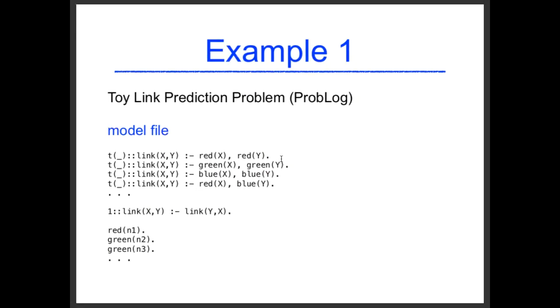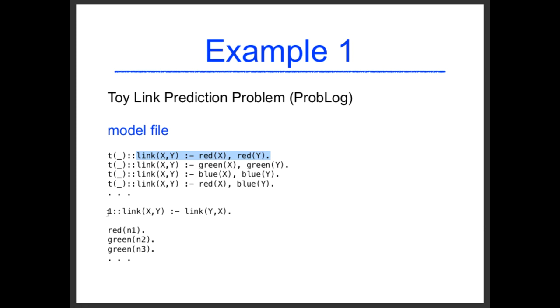And in the model file, you write again the rules, okay, which again have the opposite syntax of having variables in uppercase. So here with this syntax t underscore, you are saying that you want to learn this weight, this parameter, okay? For which rule? For rule red, red, green, green, blue, blue, red, blue, and all the possible pairs.